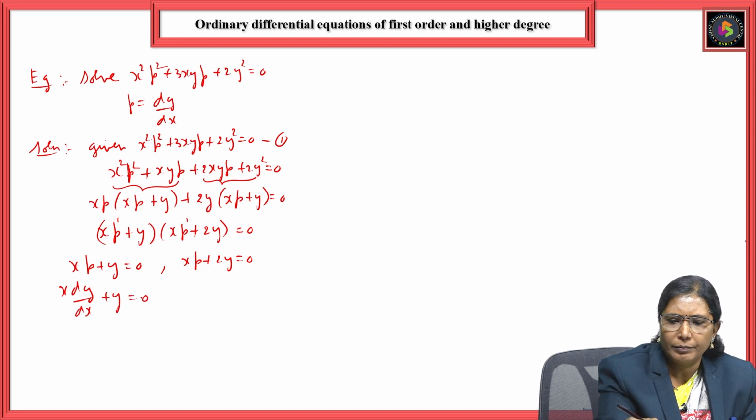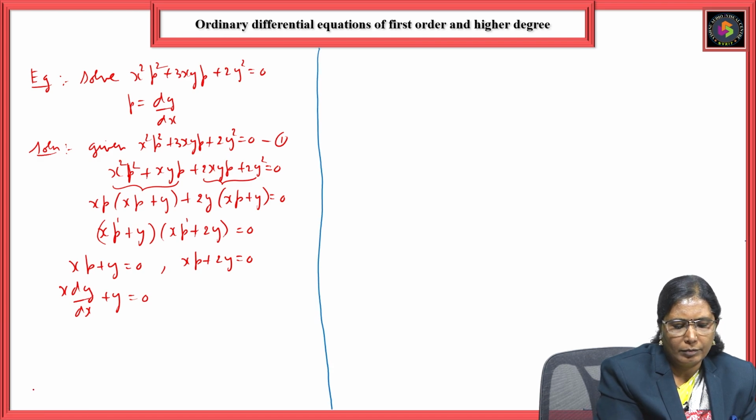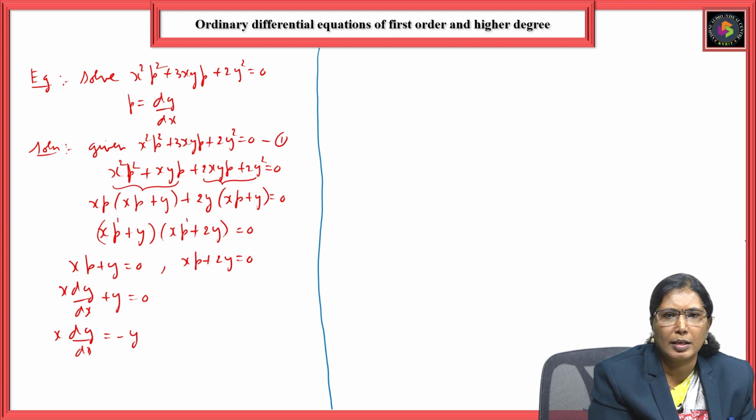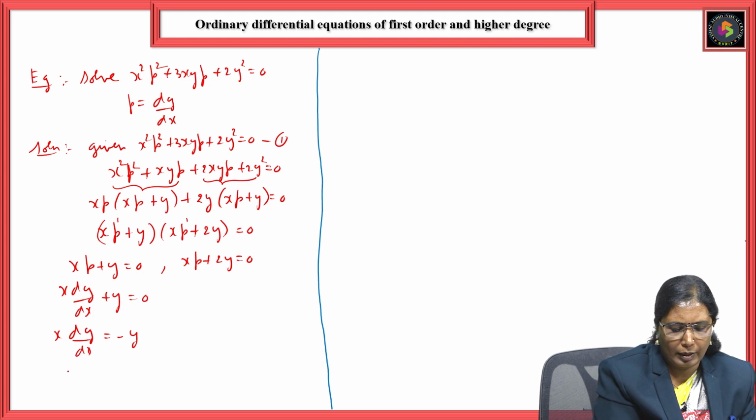We can solve this by variable separable. So x dy by dx is equal to minus y. Separate the variables, all x with dx and all y with dy. So we can write this as dy by y is equal to minus dx by x.